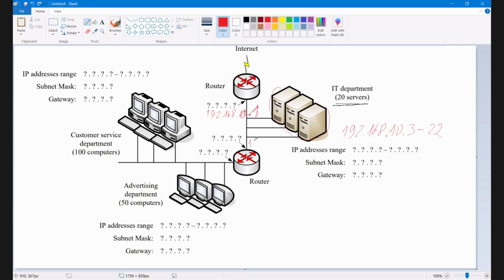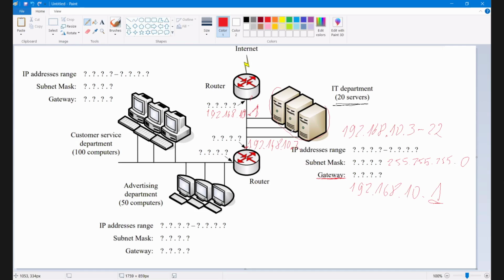So 192.168.10.1 can be, for example, the IP address of this router interface. The subnet mask can be the default 255.255.255.0. And the gateway means the path to the internet, so the gateway for all these servers would be 192.168.10.1, the IP address of this router.